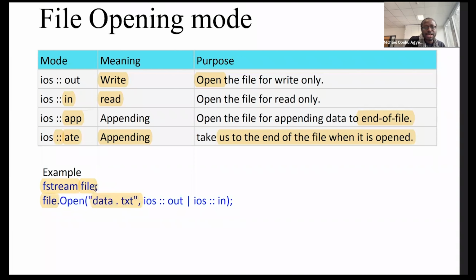So we've got the object and the actual name of the file, which is data.test. In this particular case, we are opening data.test with output options, so we can write to the file, and also we're giving it input options so we can read from it as well. So it's basically read-write mode that we are opening this file as.